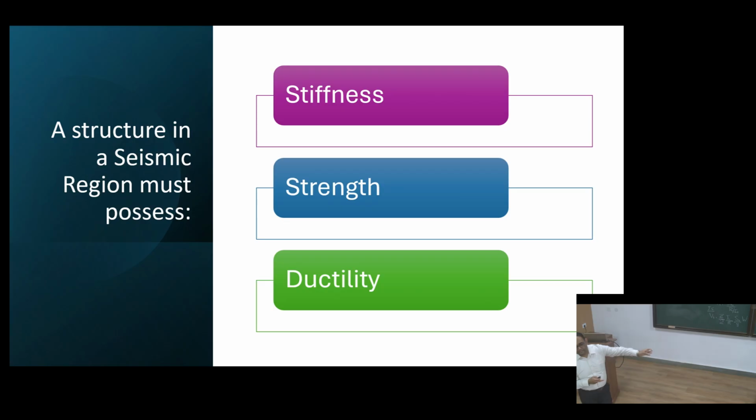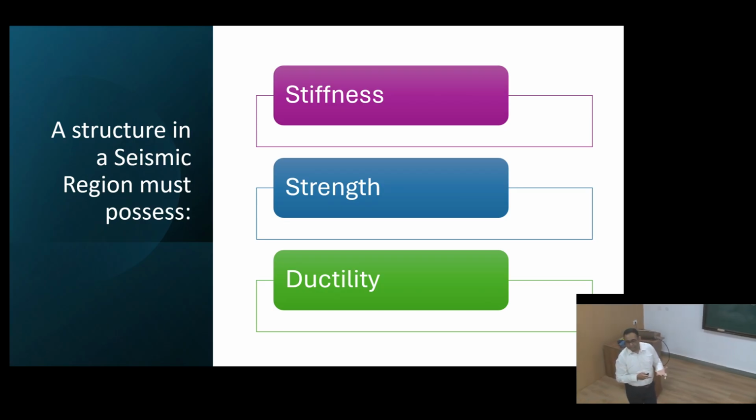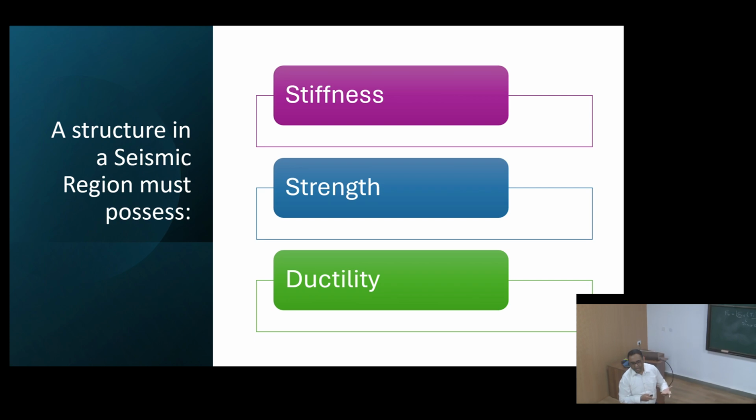And then the earthquake is putting a lot of energy into the building. How can I dissipate that energy? That's a ductility requirement. So I need to design my members or my rebar in such a way that they are ductile, which we call ductile detailing. Or we can have other kinds of damping systems and base isolation, but that will increase the cost of the building.